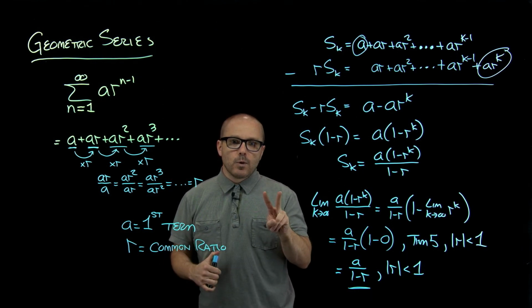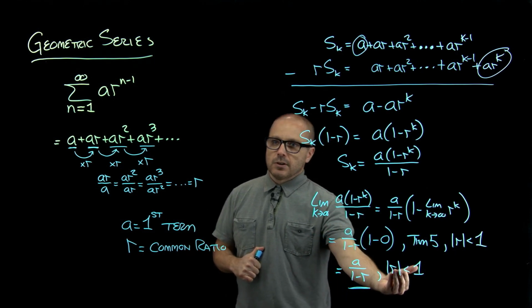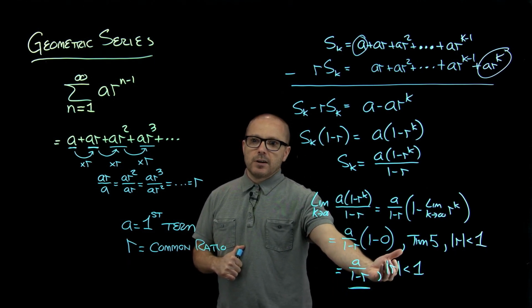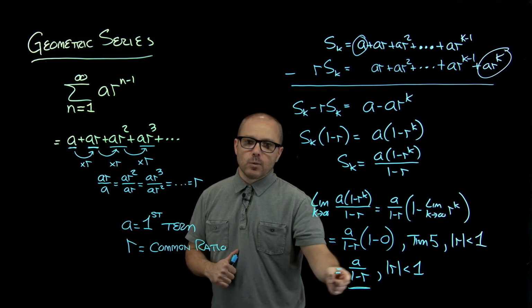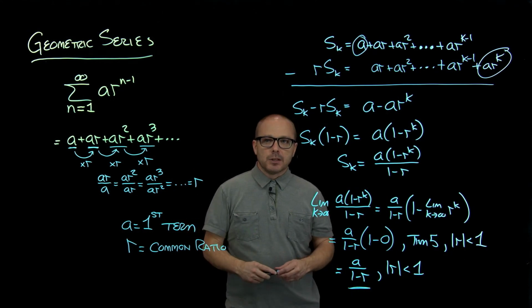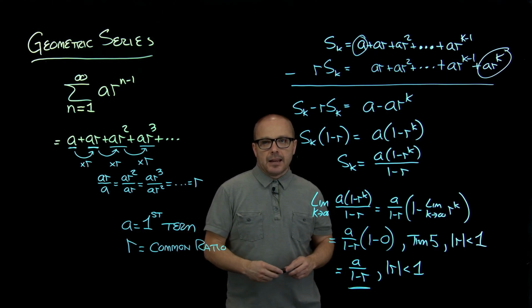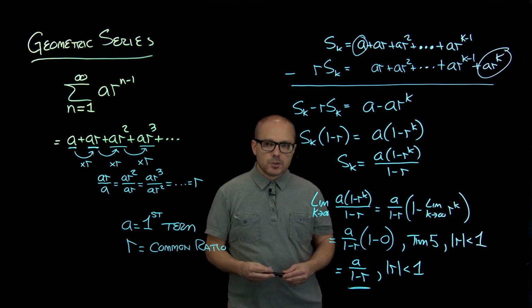So we got 2 for 1 out of that. Now we know when a geometric converges. It converges when absolute value of r is less than 1, and we know what it adds up to, a over 1 minus r. So next time we'll look at a concrete example of a geometric series and using this fact here to determine whether the series converges or diverges.